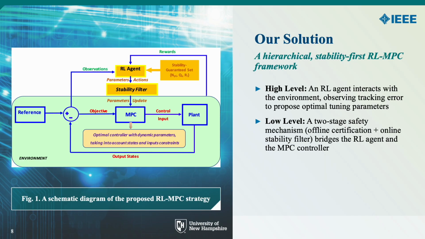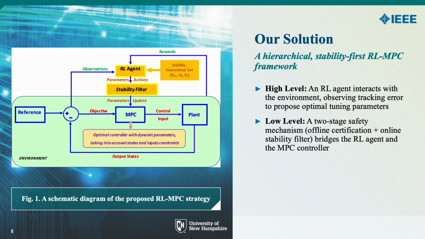Then this leads to our proposed solution. So you can see here is our proposed framework, which is a stability-first RL-MPC framework. At the high level, the RL agent interacts with the environment, observing the states and proposing the tuning parameters.